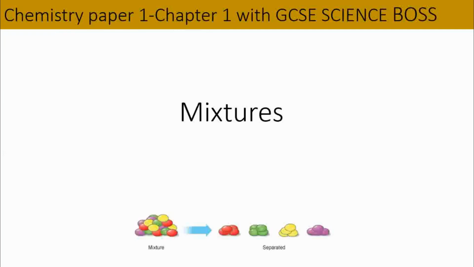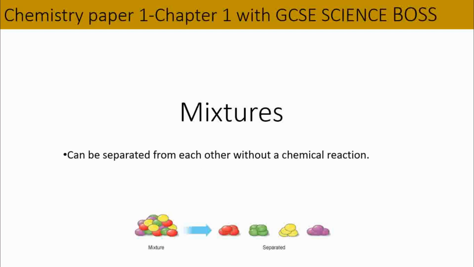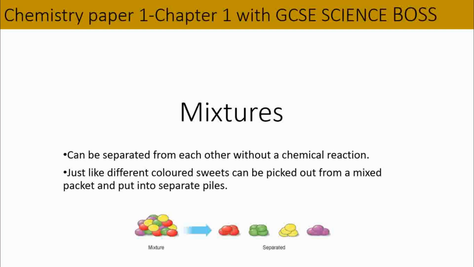Now, another thing in chapter 1 that you need to know about is mixtures. Mixtures are substances which are not chemically bonded, and they are quite easy to separate, easier than compounds. So compounds, remember, like water, it is not easy to separate water into something like that.